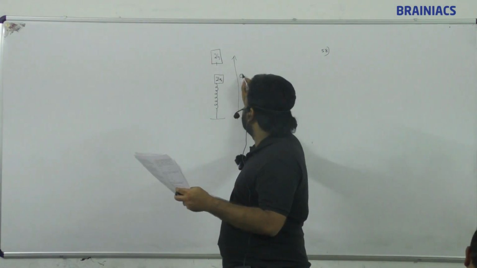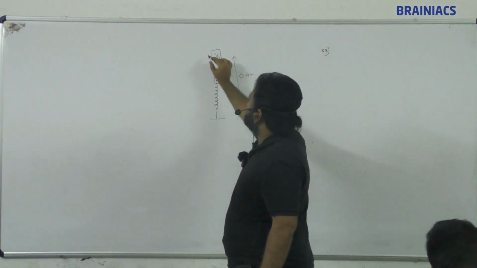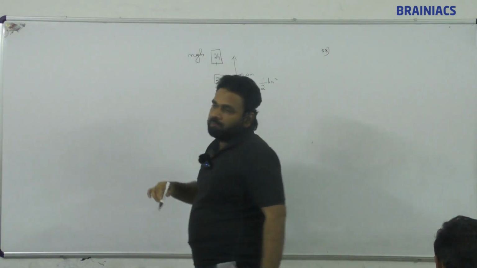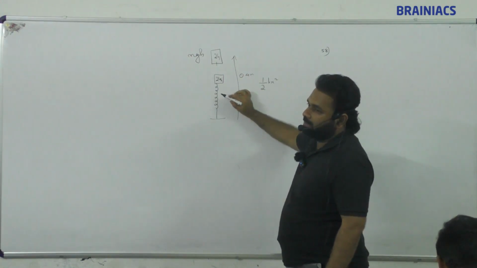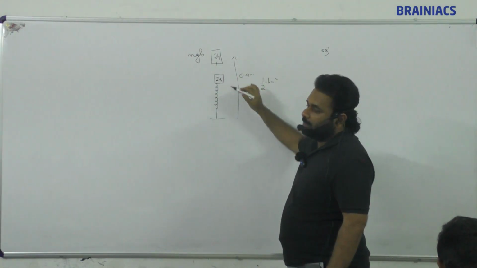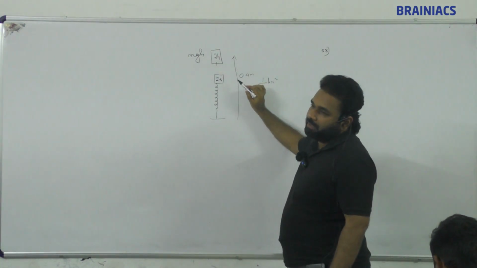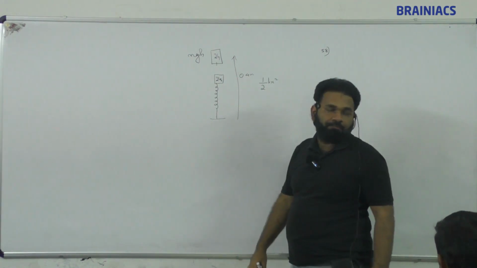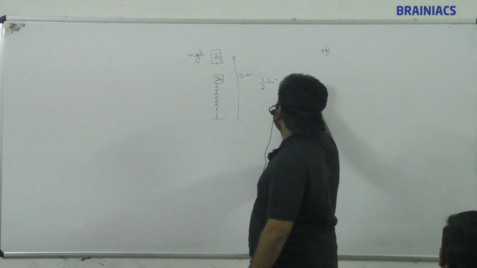Dropped from a height of 0.4 meter, so that is the height. Here it has a potential energy of mgh. When it falls and maximum compression happens, its potential energy will be converted into the work on this spring. So we can write half kx square is nothing but mgh.